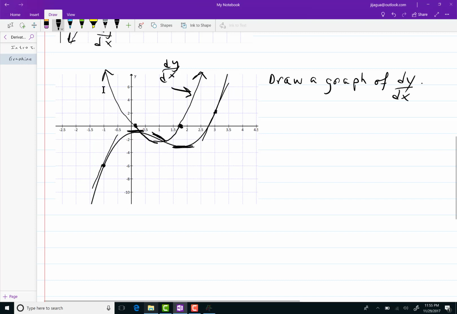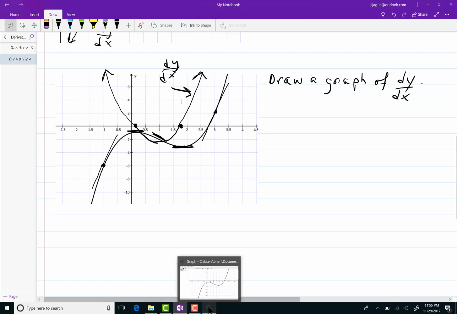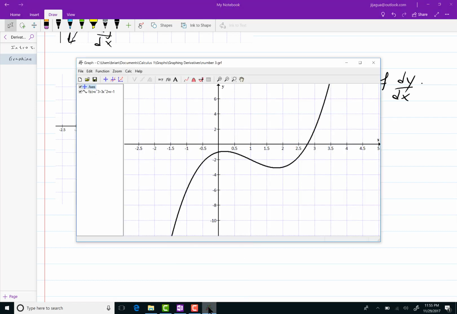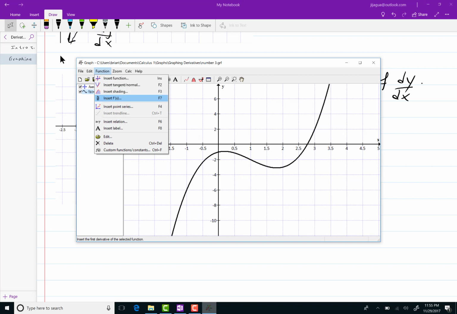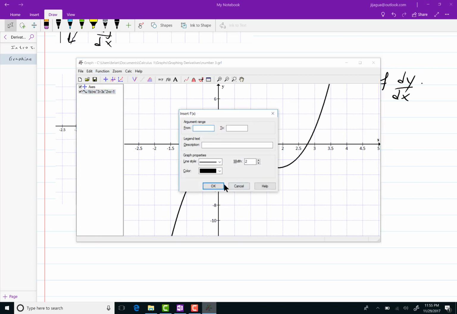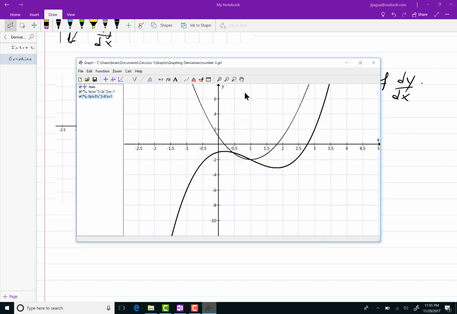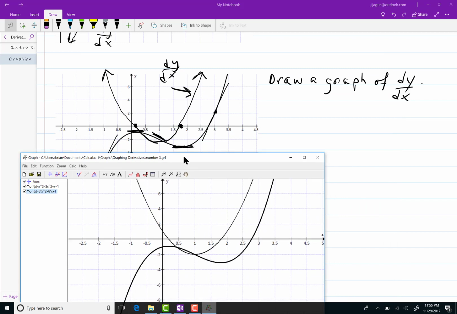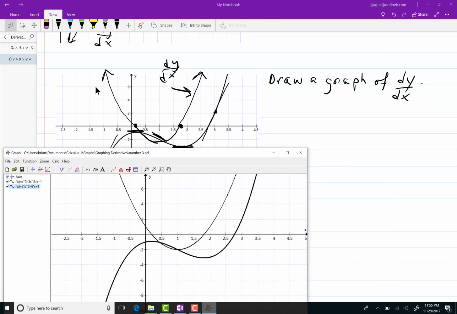Now let me go to the graph and let's see how we did. So highlight this and then you tell it to graph f prime of x. And you can see we didn't do such a bad job there. If you look, do you see where we have a 0 here, approximately, for the derivative, and my derivative 0 is pretty much the same.